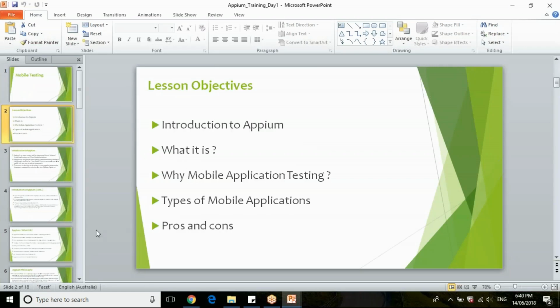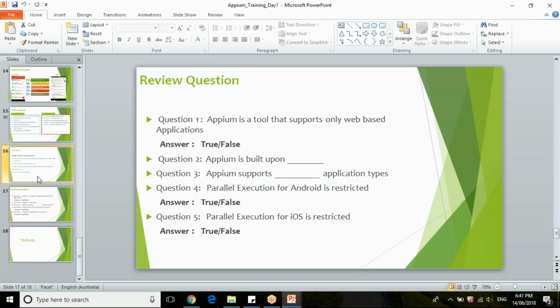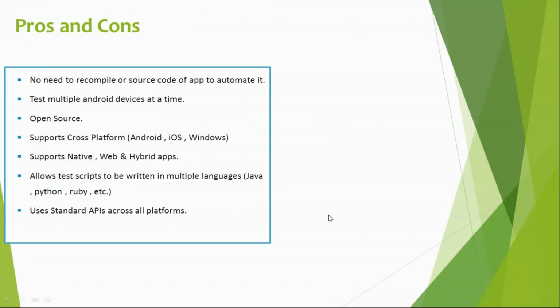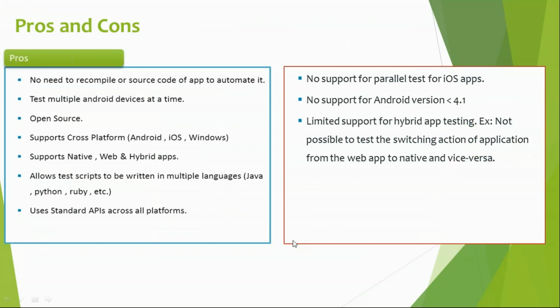So then we know the advantages and disadvantages of the APM tool. We don't need to recompile the application. No source code is required for automation. If you get the end .apk file, that's more than enough for us to automate. Parallel execution is possible with Android devices, and it's completely open source.